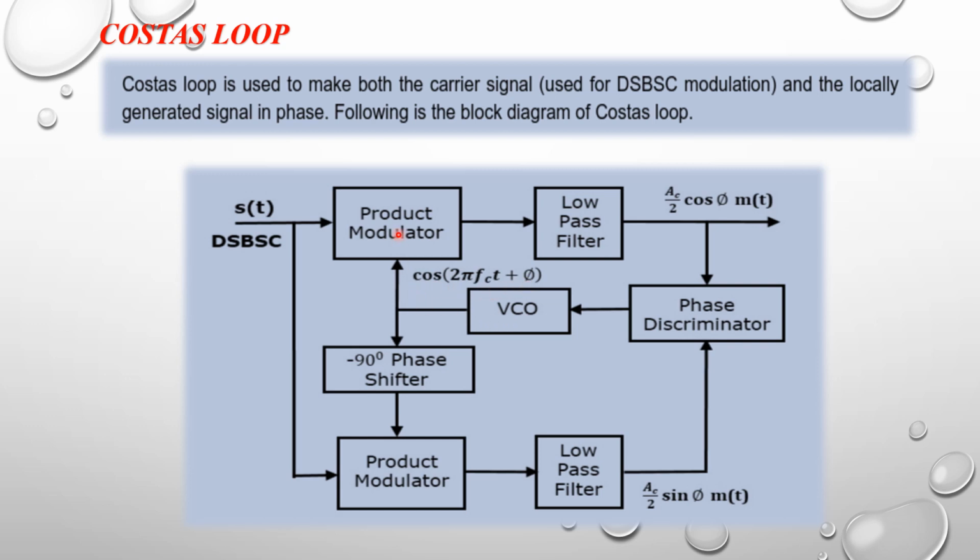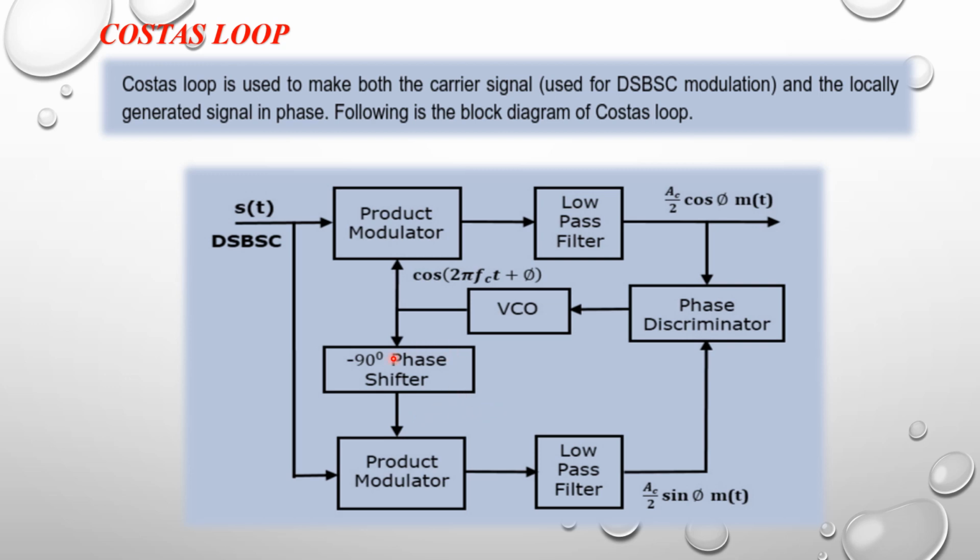We connect it to the upper product modulator. Again, cos 2 pi Fc t plus psi is connected to the minus 90 degree phase shifter. The minus 90 degree phase shifter output is equal to sin 2 pi Fc t plus psi.